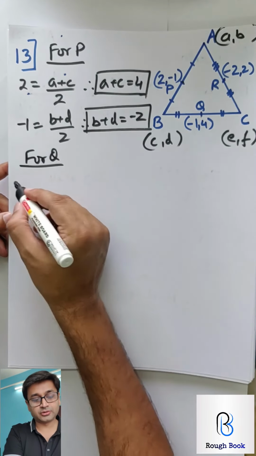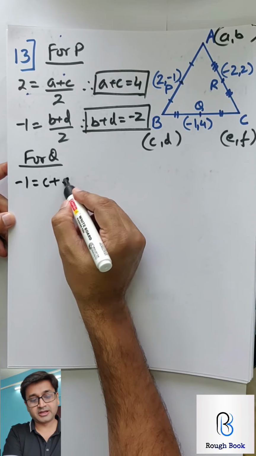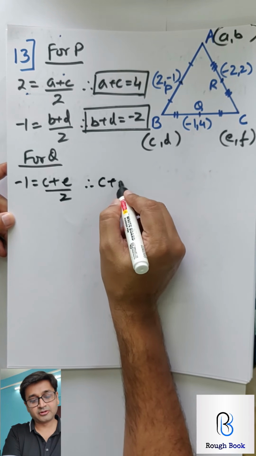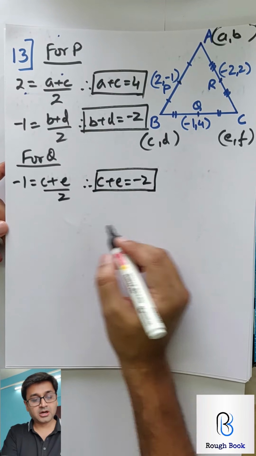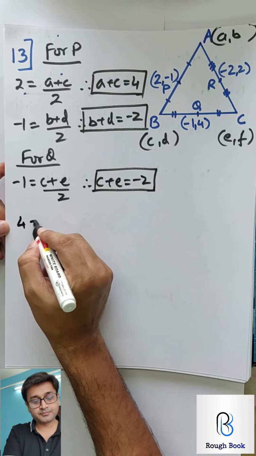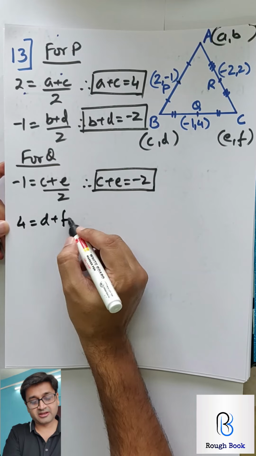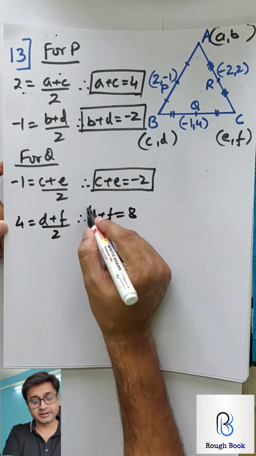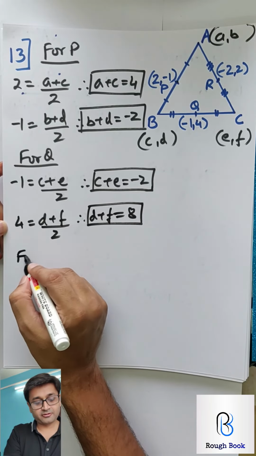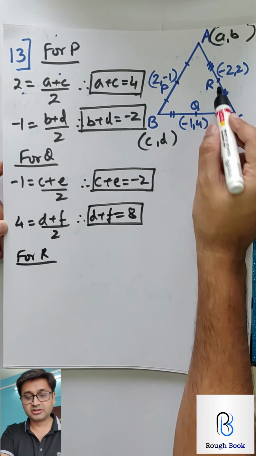So again -1 is equal to C plus E by 2, and therefore C plus E is -2. Getting this, everybody? Okay. Next one, 4 is equal to D plus F by 2, and therefore D plus F is equal to 8.